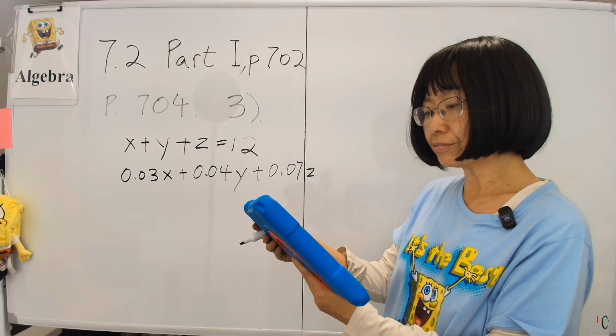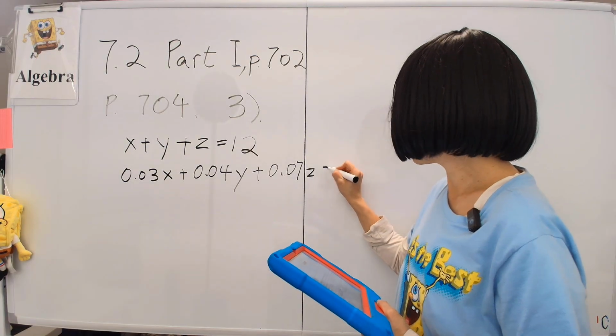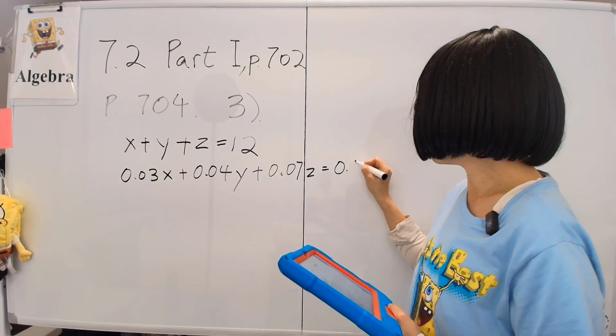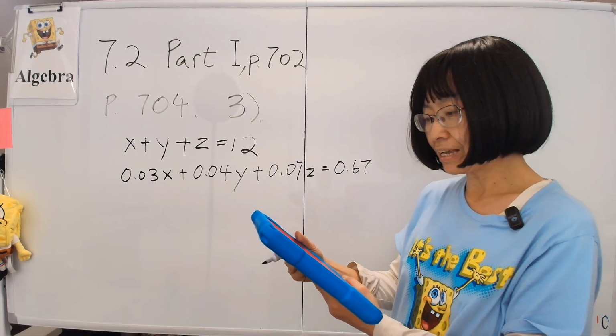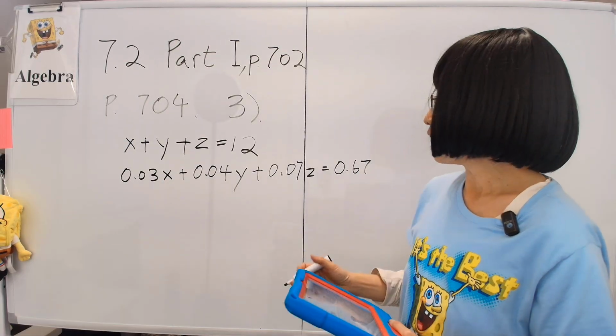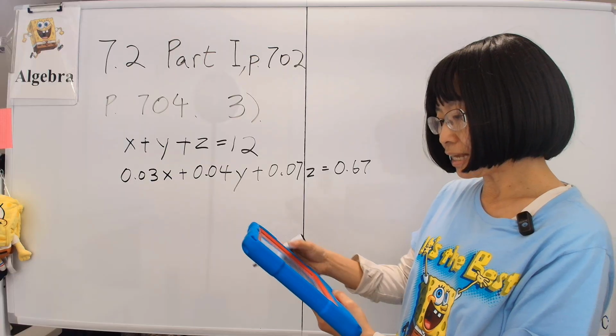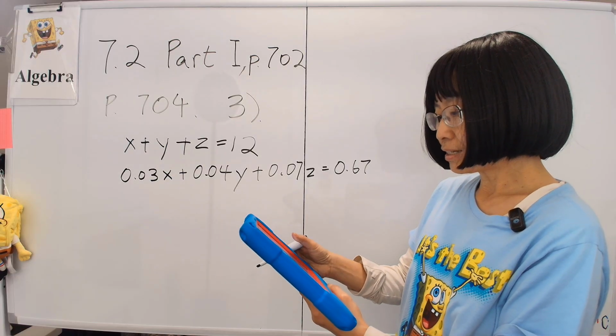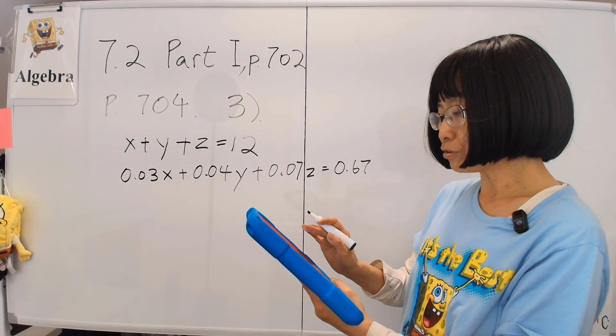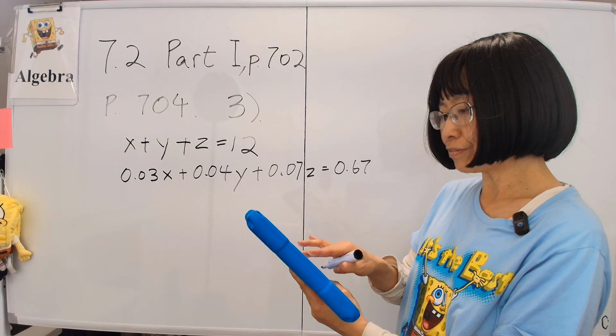And it says the total interest earned is $670. That is 0.67 thousand. Okay, 670, right? And then finally, the last piece of information says that 4,000 more was invested in mutual funds.